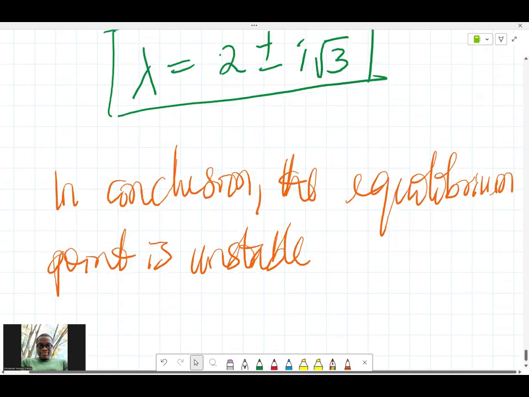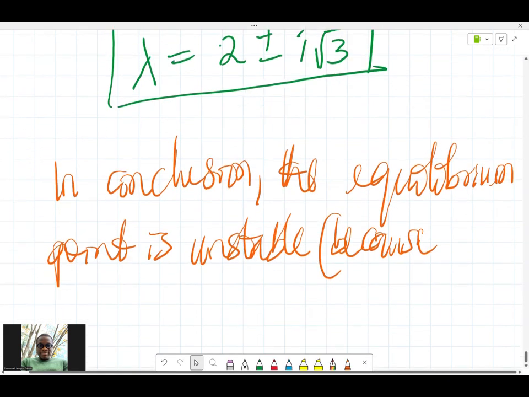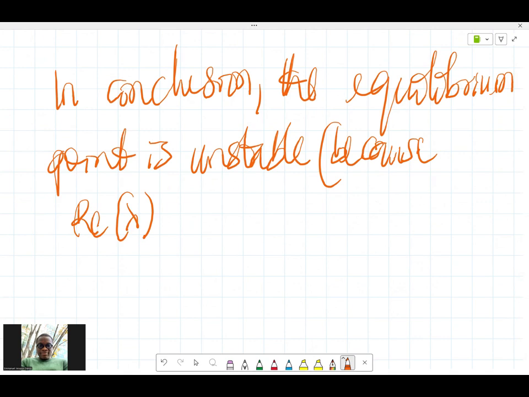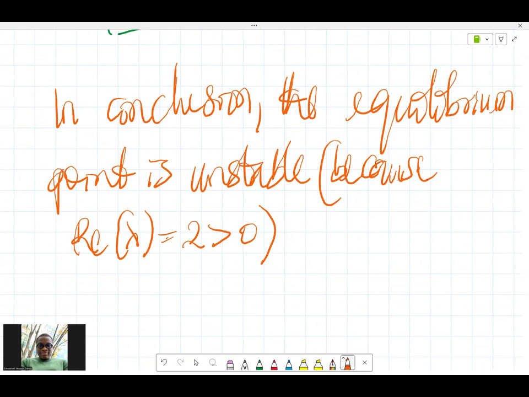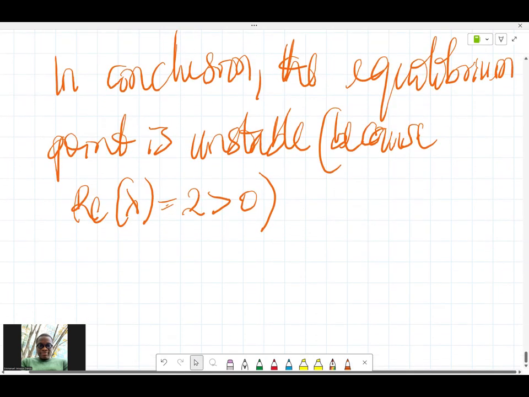It is unstable (let me put it in brackets) because the real part of lambda is equal to 2, and that is greater than 0. That makes for instability. If it was less than 0, it would have been stable, right? That's one aspect of it.